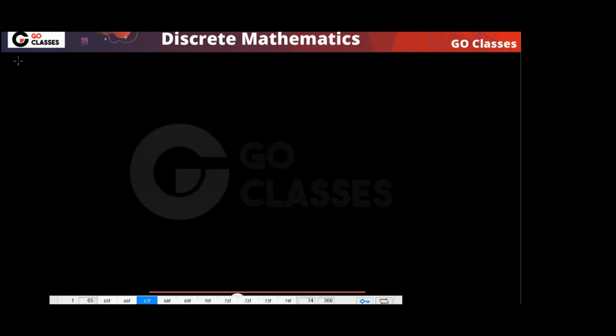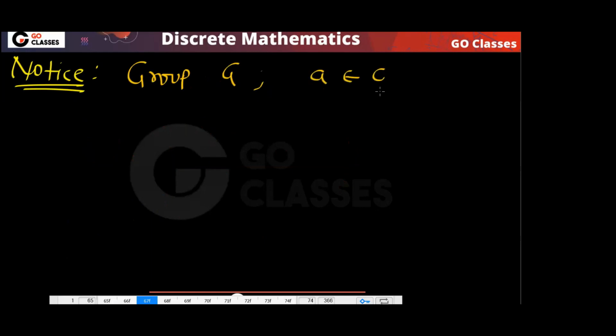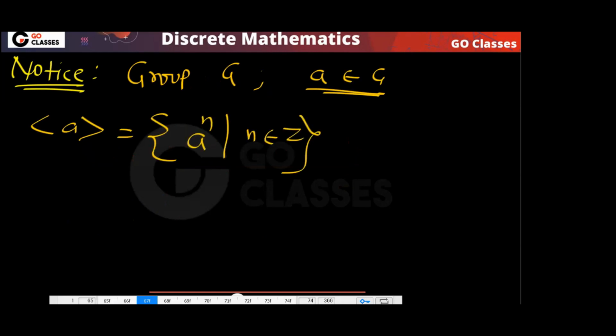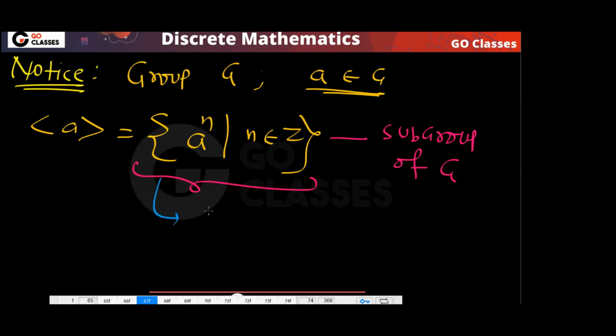Now notice that if you have any group, and let's assume that a belongs to G, then the set of a power n, n belonging to the integers, is a subgroup of G. But you can also notice that individually, this is a group also.